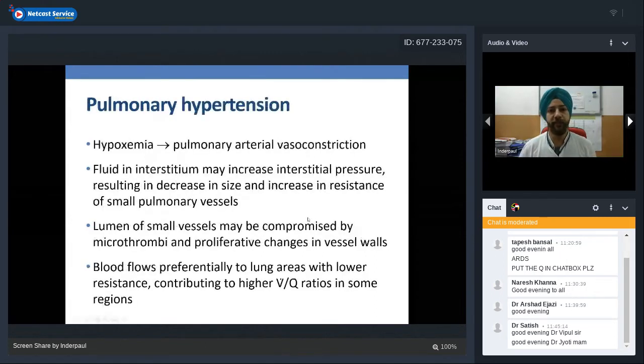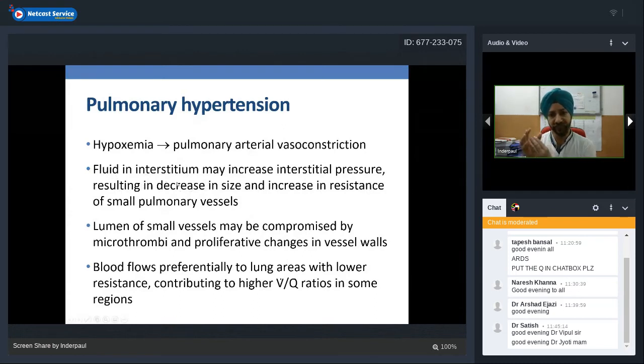The normal physiological response to hypoxia is pulmonary arterial vasoconstriction. This leads to increased pulmonary pressures and thus contributes to pulmonary hypertension. Another mechanism that causes pulmonary hypertension in acute ARDS is fluid in the interstitium, which compresses the small pulmonary vessels and thus increases the resistance.